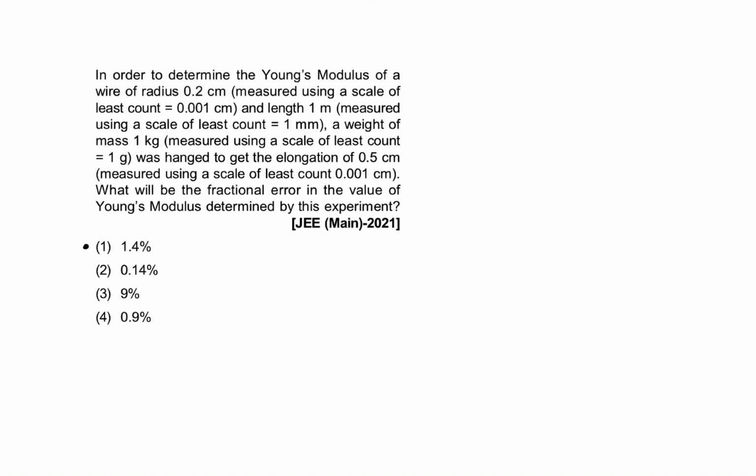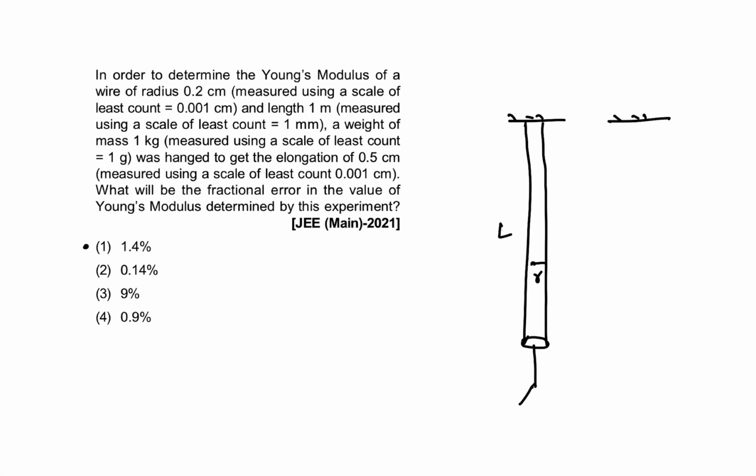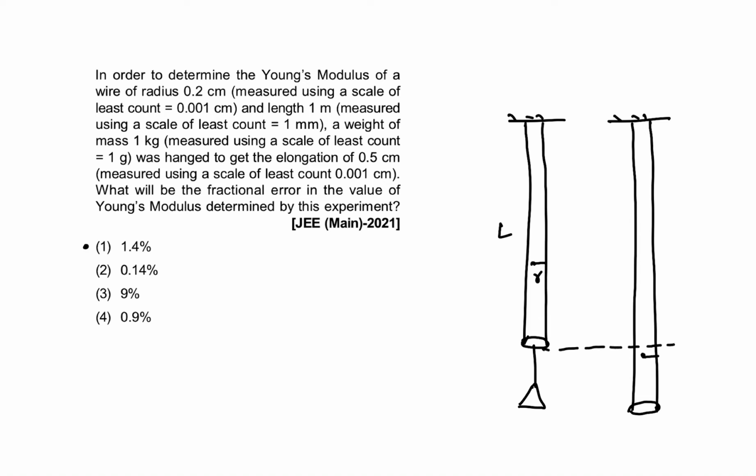Okay, next one. JEE Mains 2021, they have given: in order to determine the Young's modulus of a wire, radius 0.2 centimeters. I hope everyone knows that if you take any wire, this is a wire having length L, and the radius of the wire is R. Whenever any load is attached to this, the length of the wire will increase to a certain value.